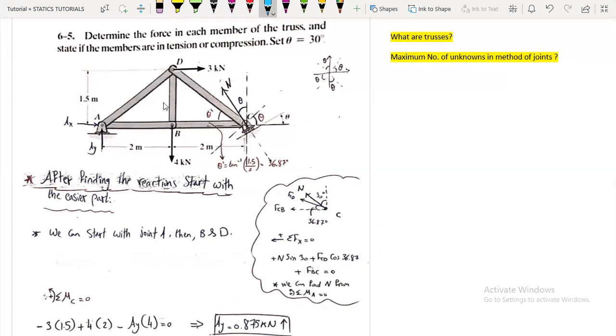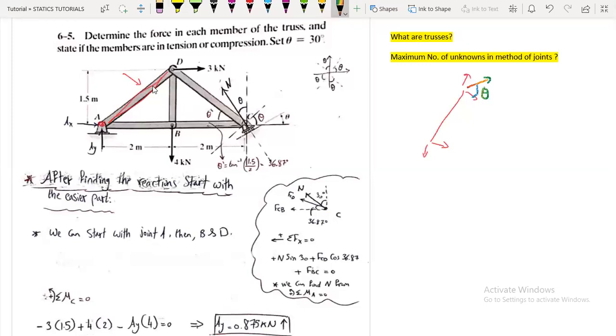They consist of zero force members, which means that we don't have any load in the middle, only the loads or the forces are at the joints. So we can replace the reactions by a resultant force Fr and an angle theta.